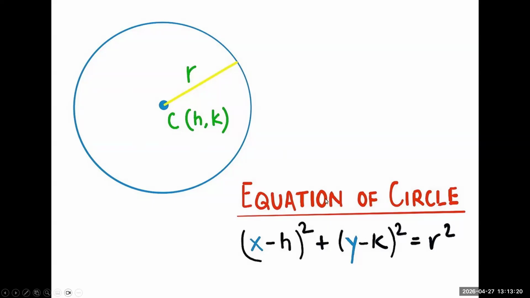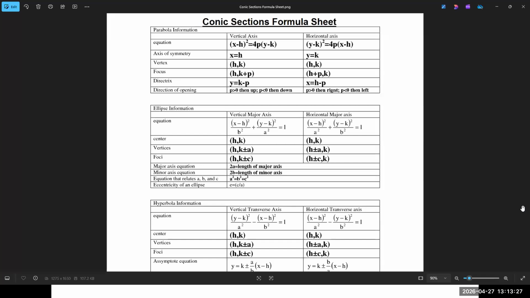And so we had this equation right here. Now, you should already have this paper right here, our conic sections formula sheet. We use the back of it, the formulas on the back, in lessons 1 and 2. Well, if you notice at the top, this top box is parabola, we got ellipse, we got hyperbola.